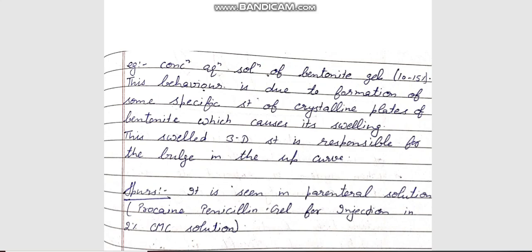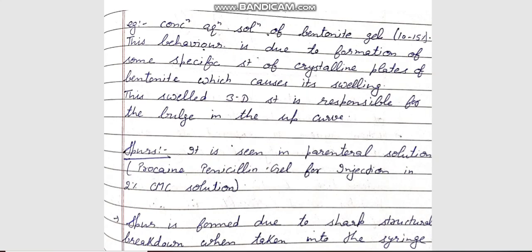For example, concentrated aqueous solution of bentonite gel in the concentration of 10 to 15% is an example which shows bulge. This behavior is due to formation of some specific structure of crystalline plates of bentonite which cause its swelling.